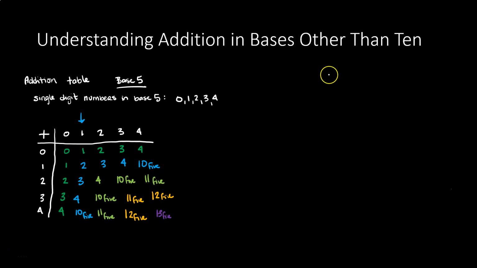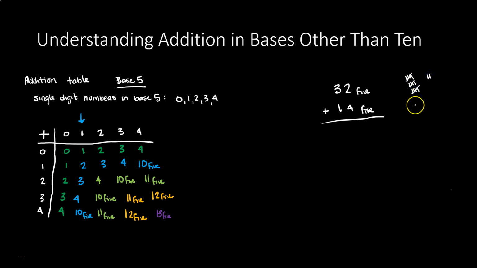Let's try some problems. If I wanted to add the numbers 3, 2, base 5, plus 1, 4, base 5. Remember, this is not 32 and 14. This is 3, 2, base 5. 3, 2, base 5 looks like 3 groups of 5 with 2 singles.